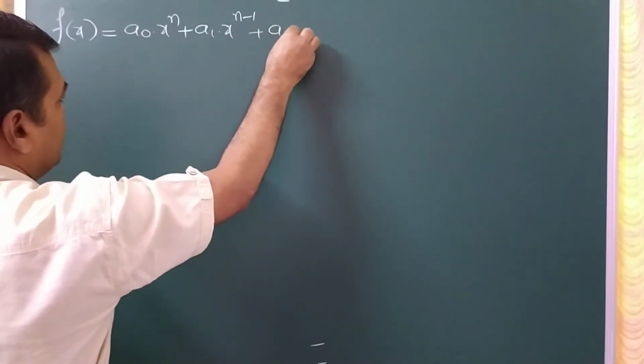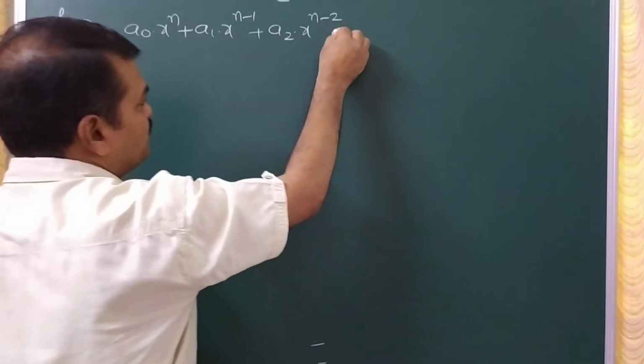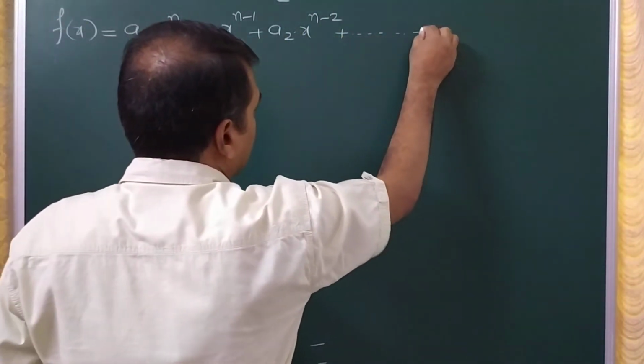So if I take f of x is equal to a naught x power n plus a1 x power n minus 1 plus a2 x power n minus 2 plus and so on, an.